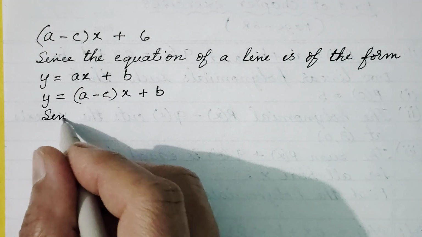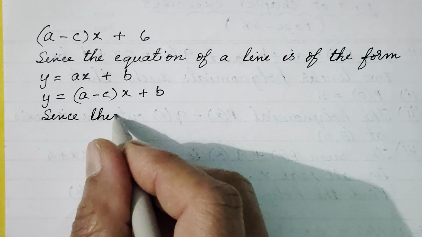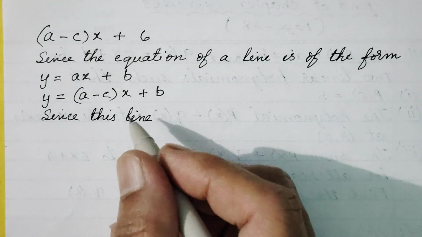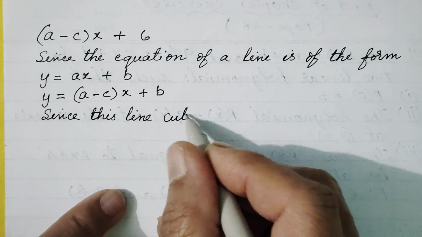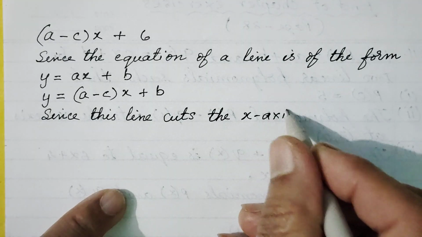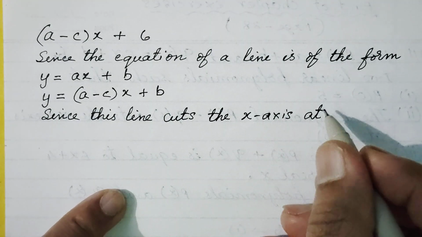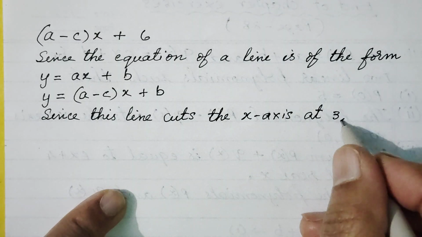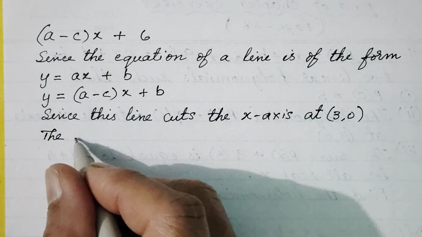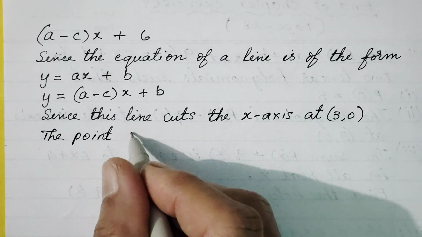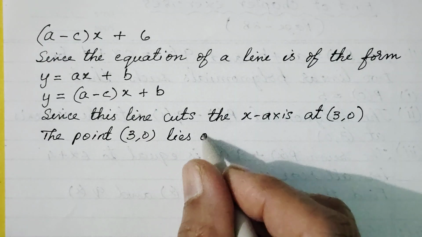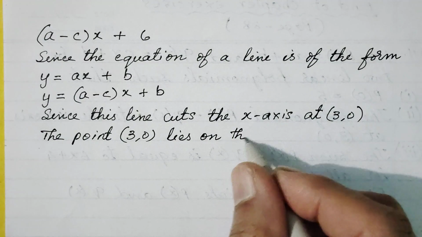Since this line cuts the x-axis at (3, 0), the point (3, 0) lies on the above line.